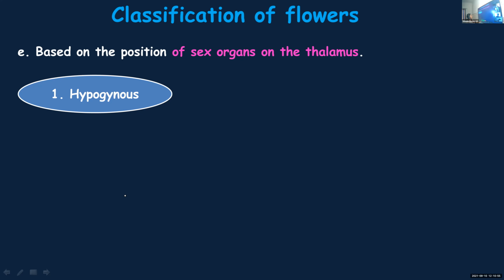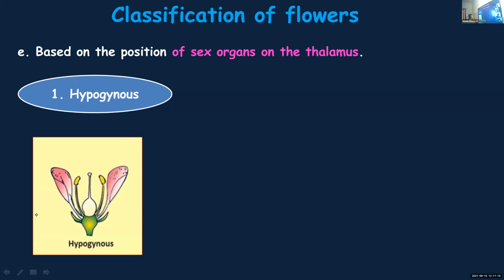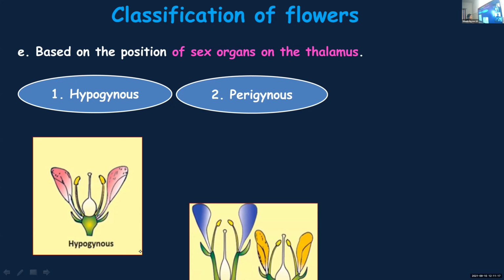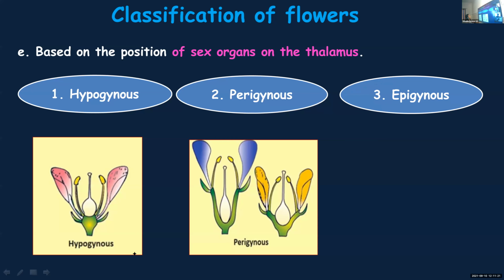Now, based on the position of the sex organs, not based on the presence of sex organs, but based on their position, we can categorize them into different types. First one, hypogynous. You can see a symbolic representation of a hypogynous flower over here. Then perigynous. Pictures you can find. Third one, epigynous.